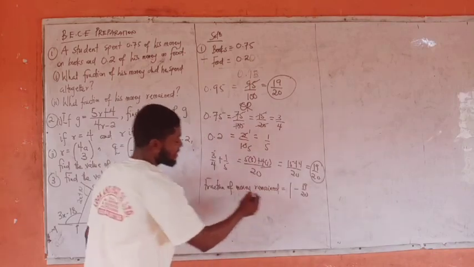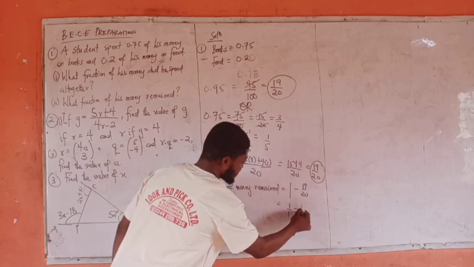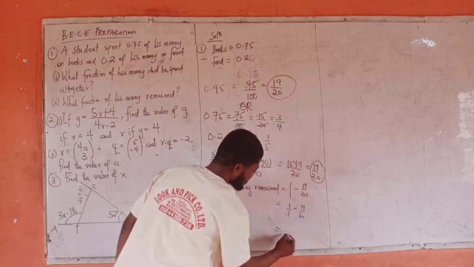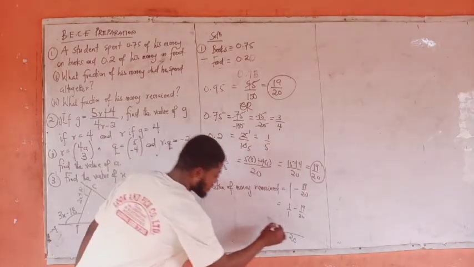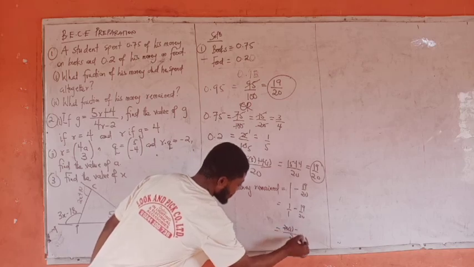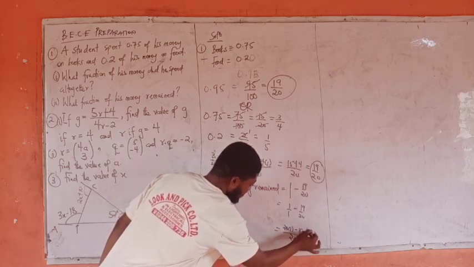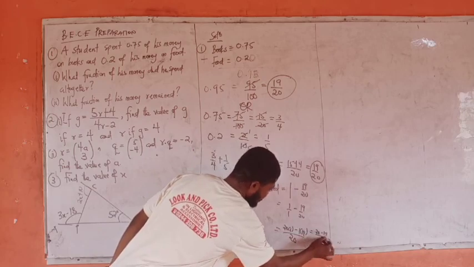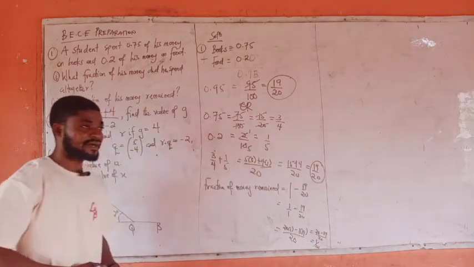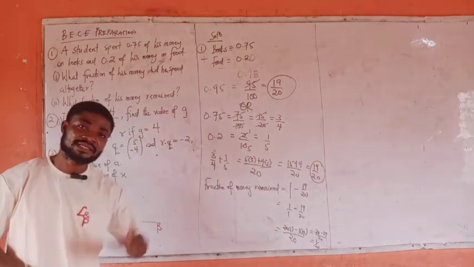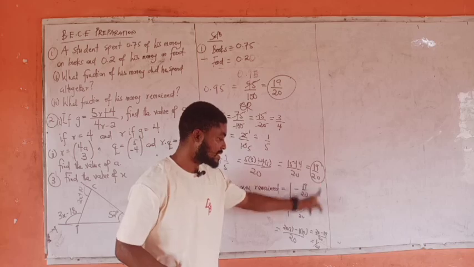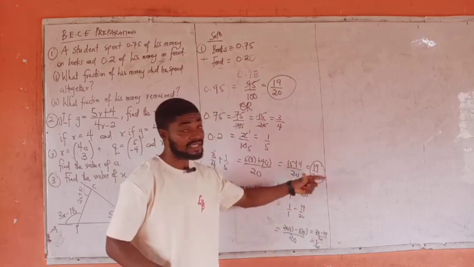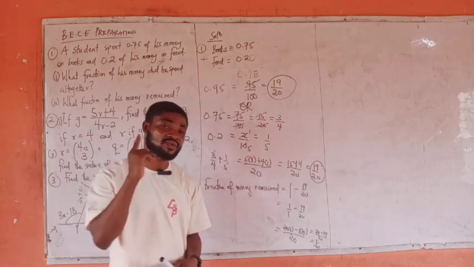I know 1 is the same as 1 over 1. My LCM here is going to be 20. 1 goes into 20, 20 times, 20 times 1, 20. 20 into itself 1 time, 19. 20 minus 19 over 20, 1 out of 20. Remember, when you add the fraction spent and the fraction left, you should get 1. So when I add this to this, because the denominators are the same, I just add 1 to 19. That gives me 20. 20 over 20 is equal to 1.